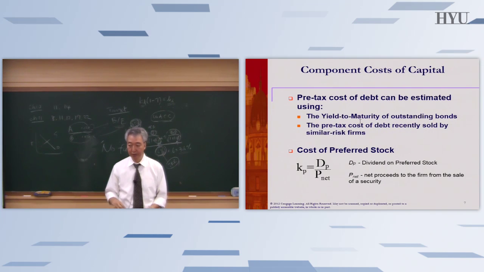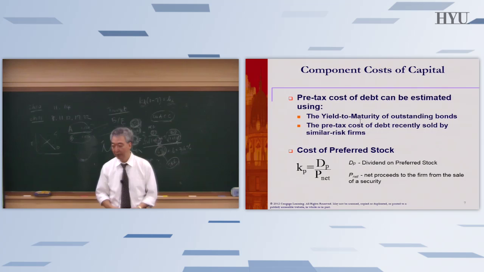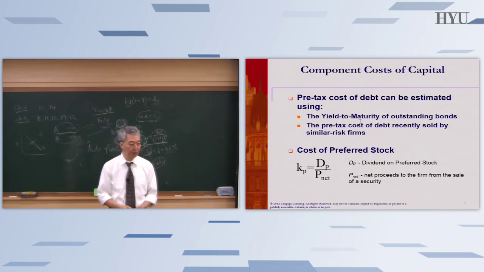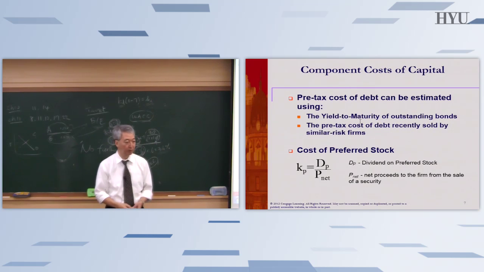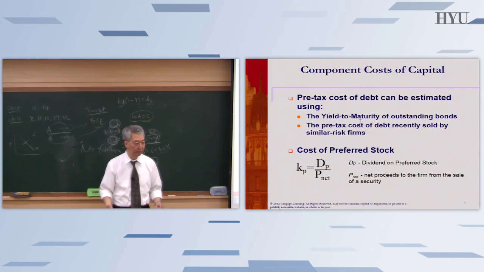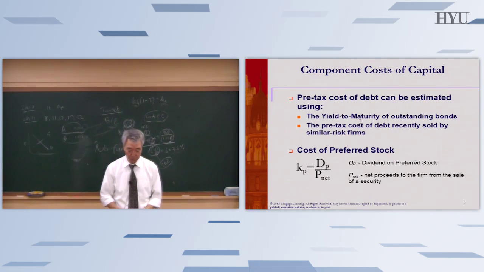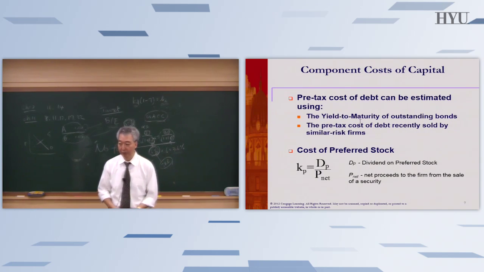In case you don't have any outstanding bonds, okay? And this is the first time you're trying to offer the bond in the market, right? Then how do you come up with this rate? Well, you have no choice. You have to use the pre-tax cost of debt recently sold by similar risk firms. Okay? It's like surrogate idea.